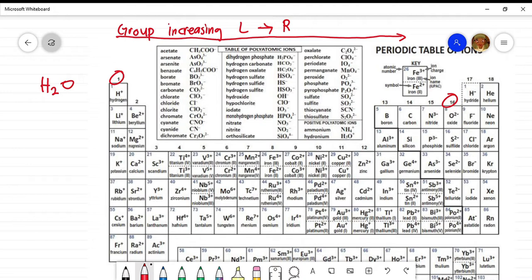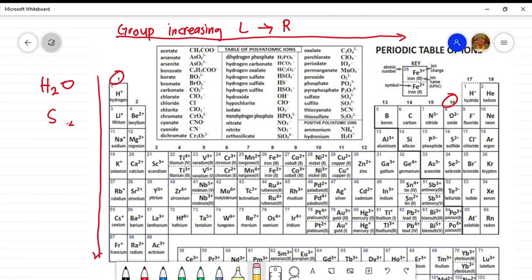So you might ask, what if we have SO2 as in our example? Oxygen and sulfur are in the same group number, or in the same column. So in this case, we will have to look at the period number.